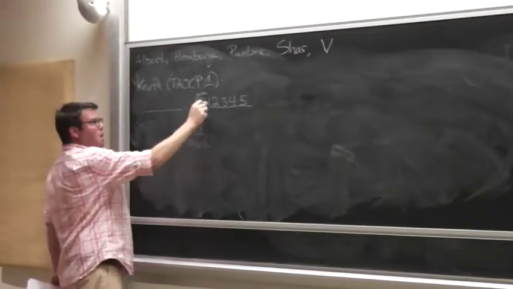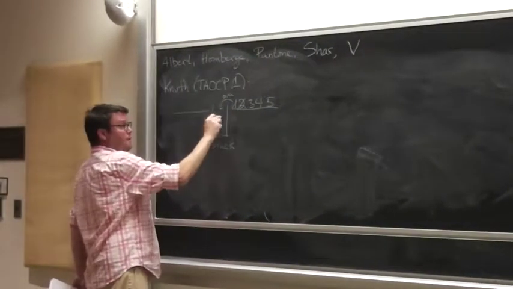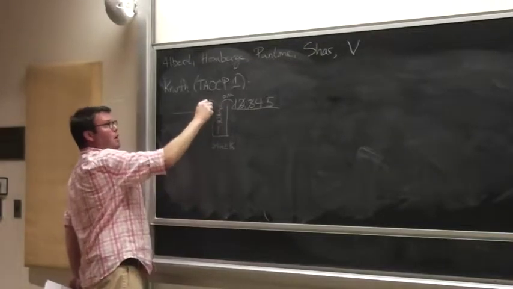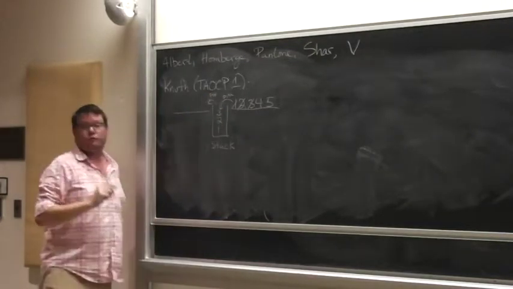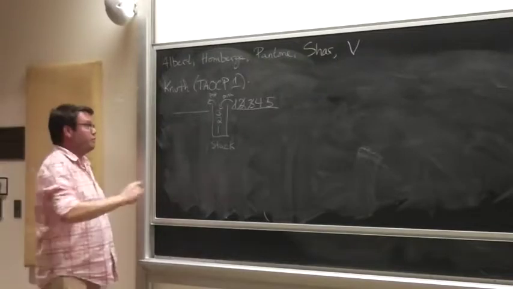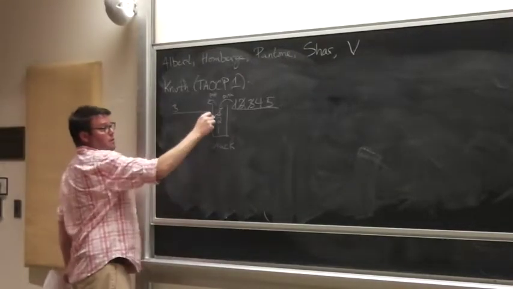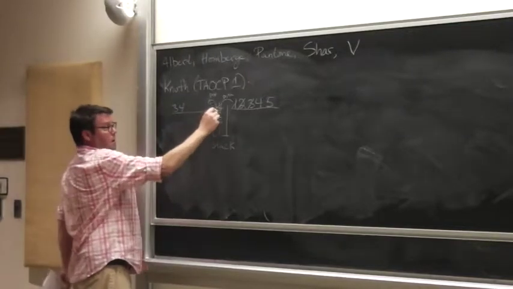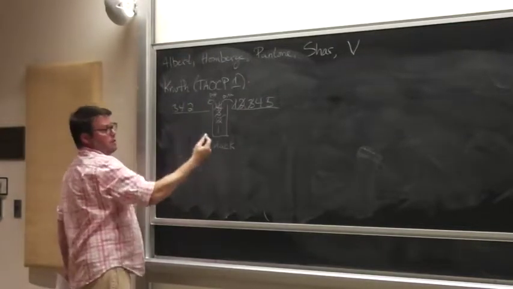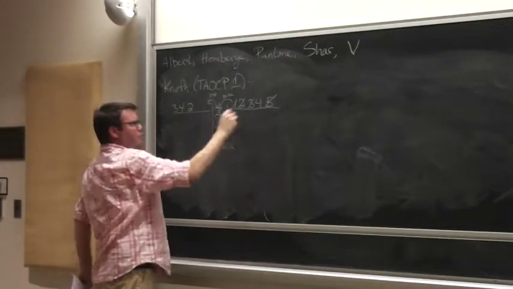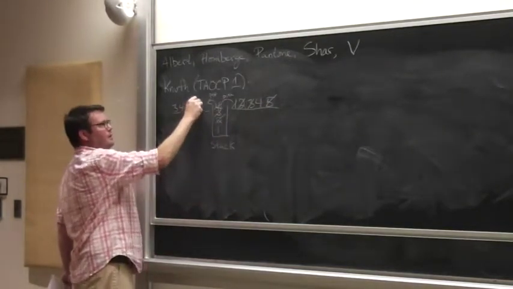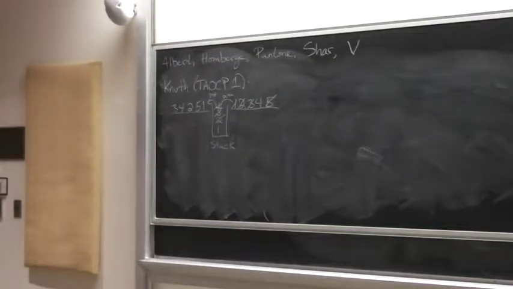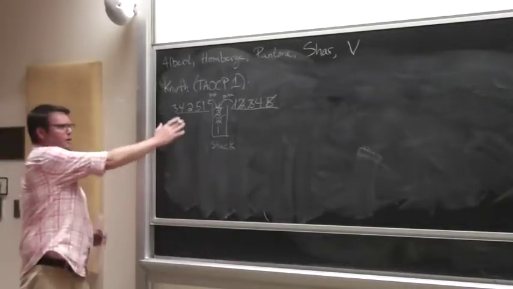We can push the 1, then push the 2, and then maybe push the 3, and they can also come off the stack, which is a pop. So now we could pop the 3, push the 4, pop it, pop the 2, and then push the 5 onto the stack and pop it, and then finally pop the 1. So this shows that 3, 4, 2, 5, 1 can be generated with a stack.